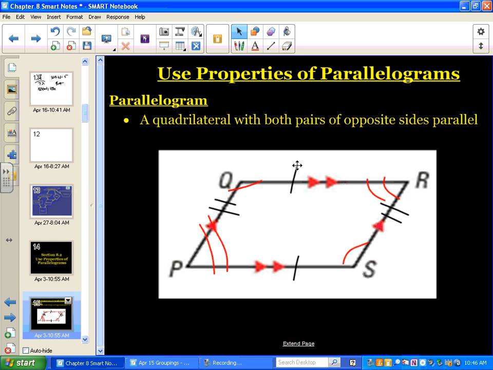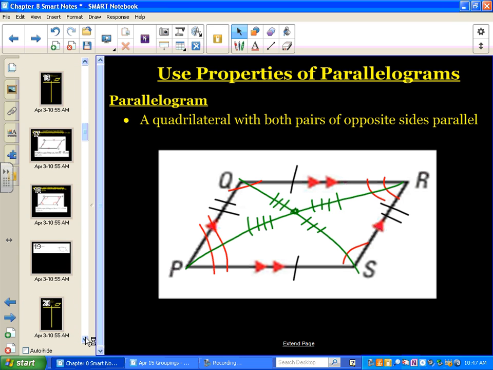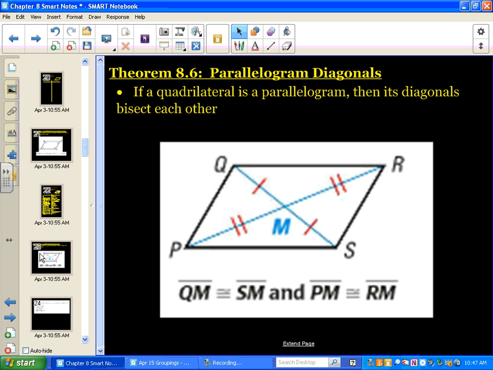We proved that the diagonals have a what? Have the same midpoint. If the diagonals have the same midpoint, then what do they do to each other? Keegan? They bisect each other. Very good. So we proved that the diagonals bisect each other. So PR bisects QS, and QS bisects PR. And that was this theorem here. It says if a quadrilateral is a parallelogram, then its diagonals bisect each other.